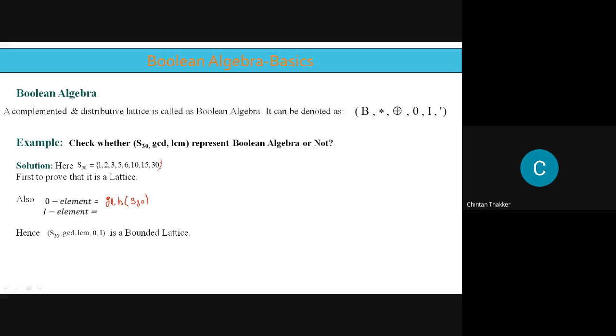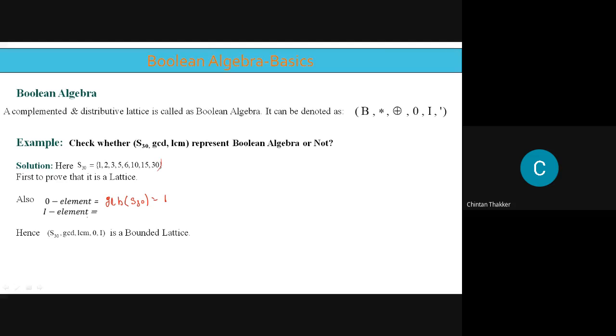The GLB of S30 is 1, because 1 divides all elements of S30. So 1 is related to all elements. So 1 is a lower bound, and we have only one lower bound, so it is the GLB. Then all elements divide 30, that is, all elements are related to 30.